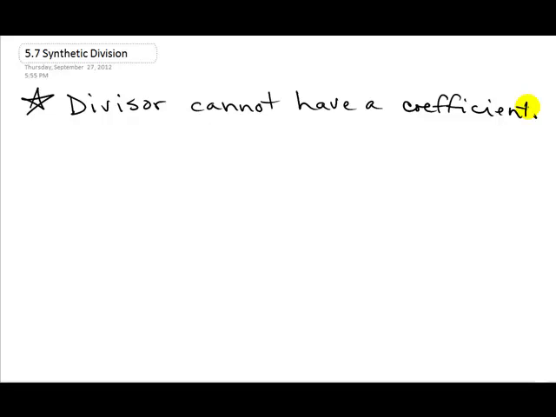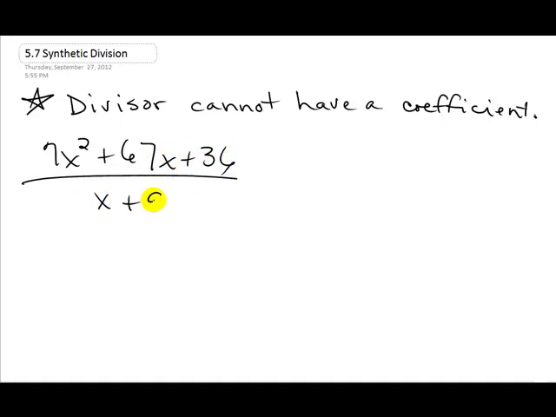Okay, so when we looked at this problem, remember I told you that this is the divisor.